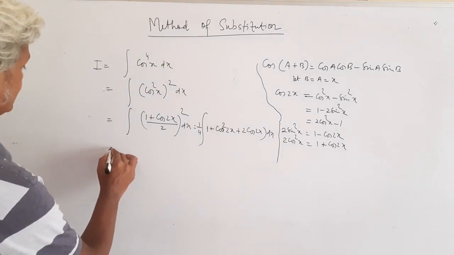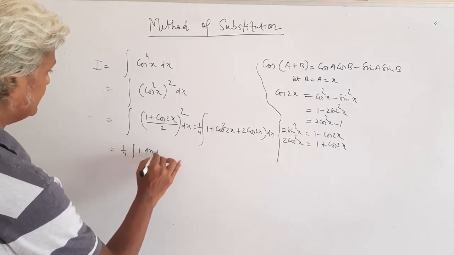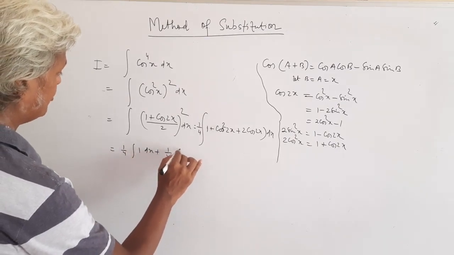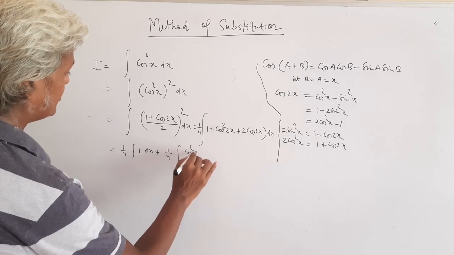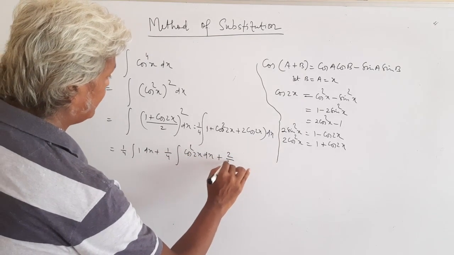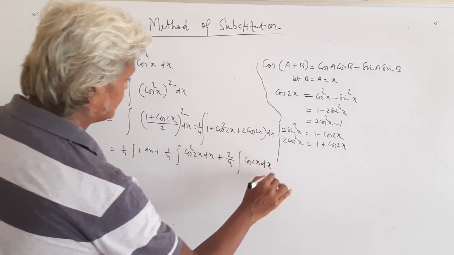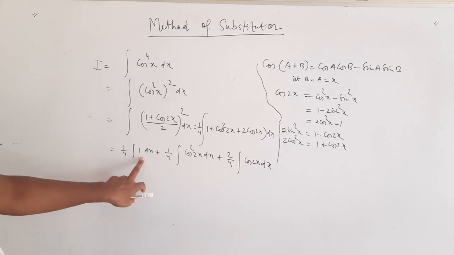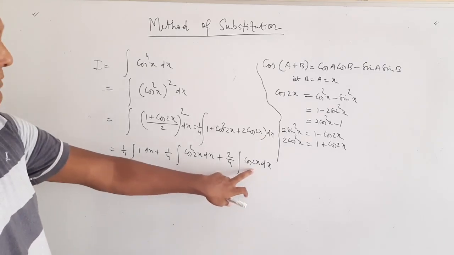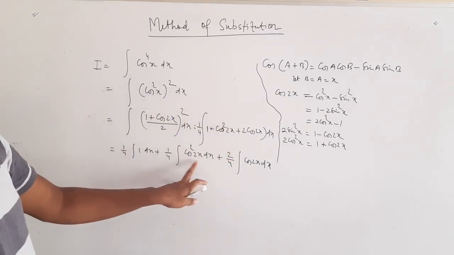Now here you see that we have 1 by 4 integration of 1 dx plus 1 by 4 integration of cos square 2x dx plus 2 by 4 integration of cos 2x dx. The first term is integrable, the third is integrable, but this one you cannot integrate directly, because it is cos square 2x.